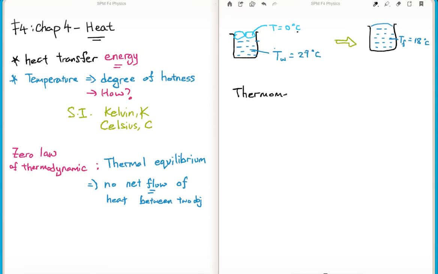Okay, so I hope you know what a thermometer is. Well, I can't show you an actual thermometer. You need to attend school and attend the laboratory. There are many types of thermometer. Some use a laser, like the infrared thermometer, but in SPM they standardize it to the mercury thermometer.